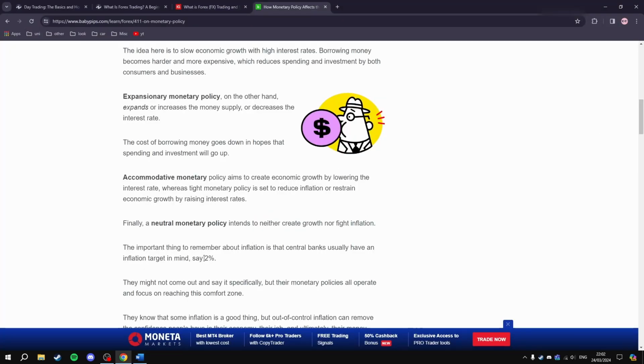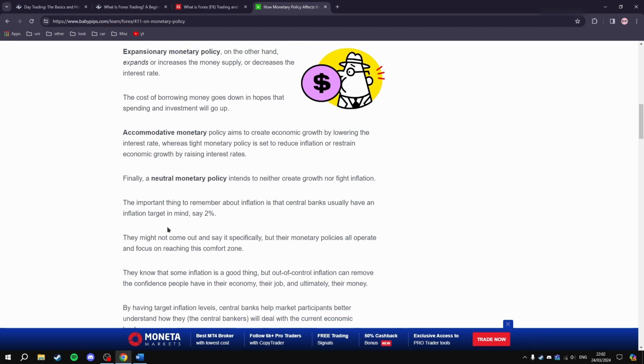The important thing to remember about inflation is that central banks usually have an inflation target in mind, say 2%.